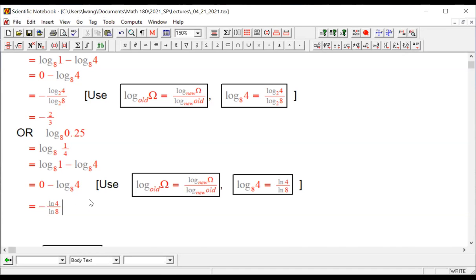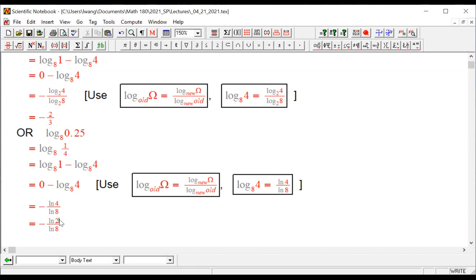Natural log 4, natural log 8. What are we going to do about it? Here's what you can do about it. The negative sign is still there, ln 4 over ln 8.